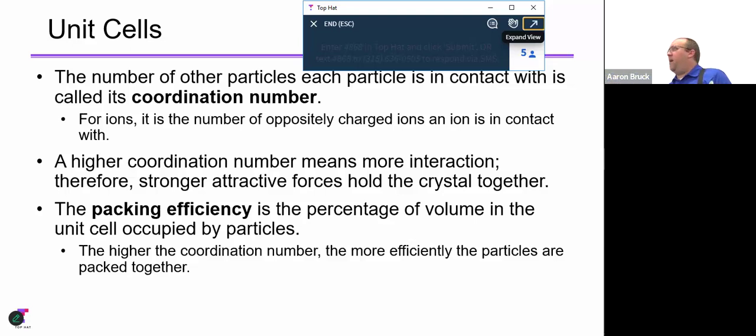Now, for ionic compounds, it's a little bit different because they aren't always touching each other. They're kind of affiliated with each other. So for ions, we talk about how many of the opposite charge they are in contact with.